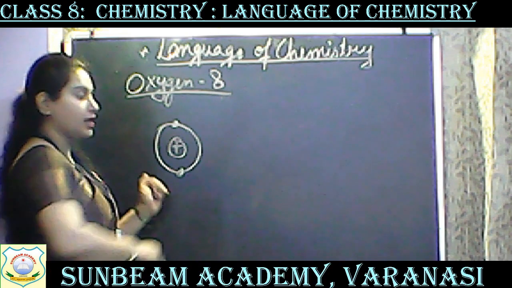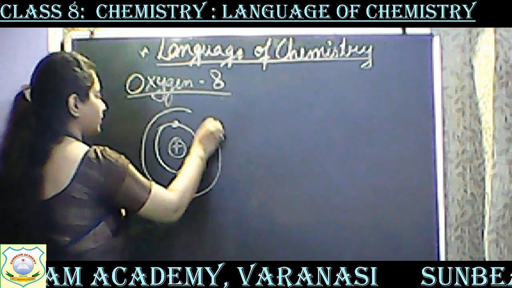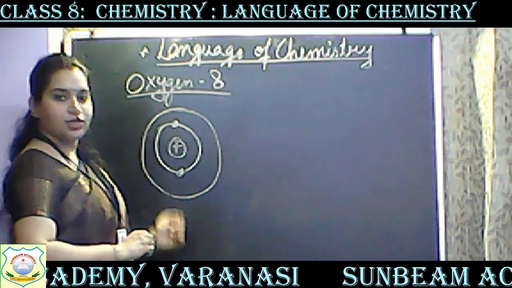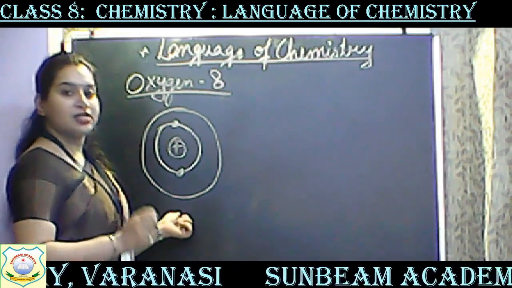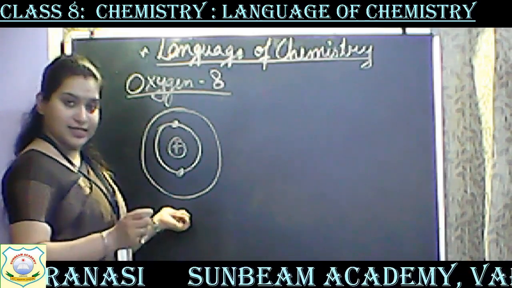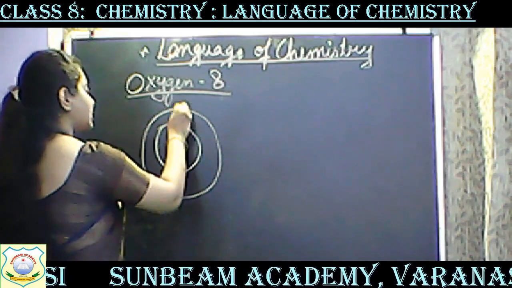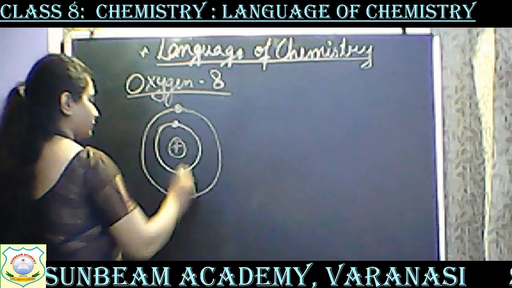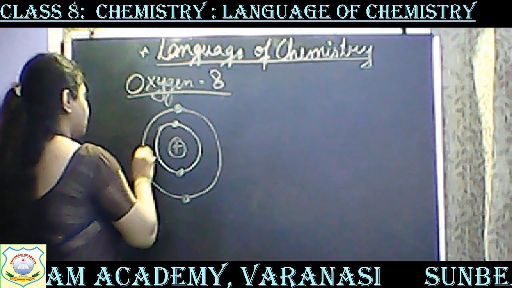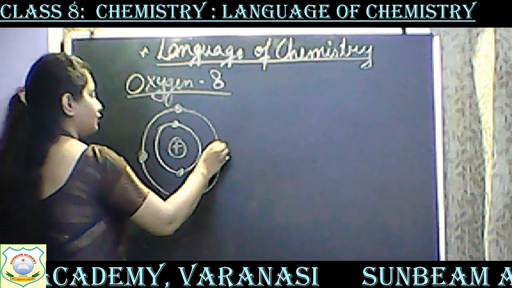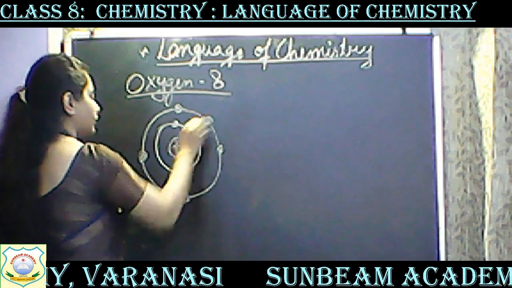ठीक? अब we'll have another shell. This is another shell. How many electrons are left? 6 are left. So now we'll mark 6 here. 1, 2, 3, 4, 5 and 6.